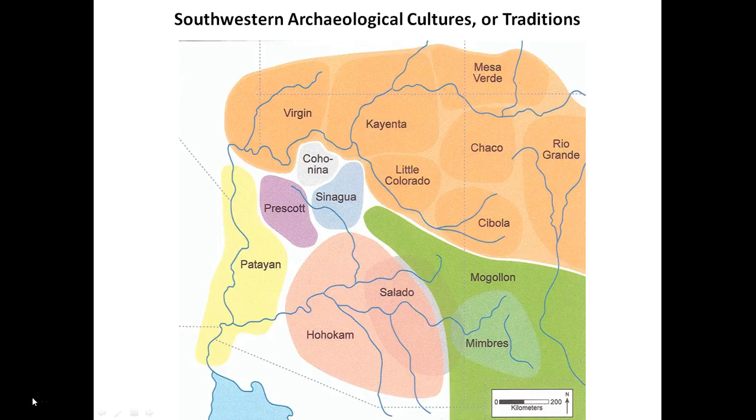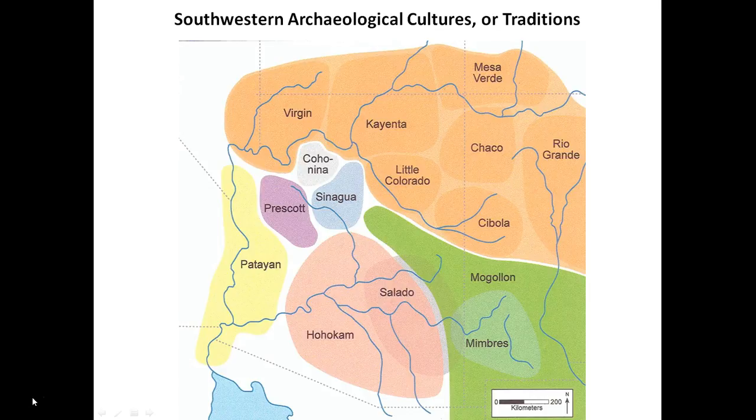These broad culture areas can be further subdivided into other smaller archaeological cultures or traditions on the basis of more discriminatory analysis of the material culture. So all of the people that lived in the American Southwest grew corn, beans, and squash, made pottery, and lived in villages.